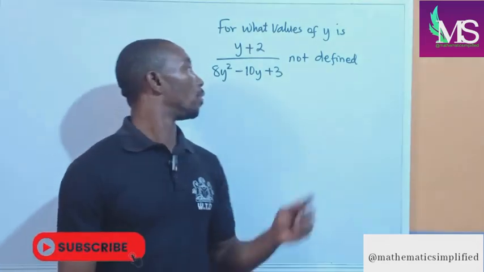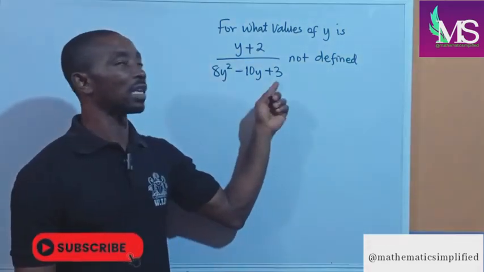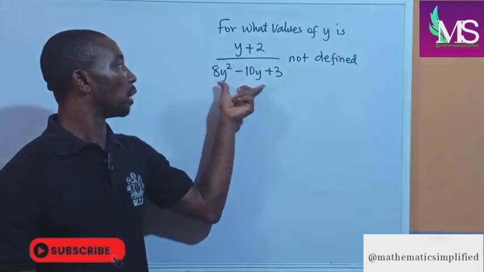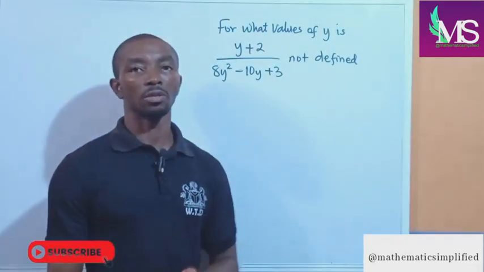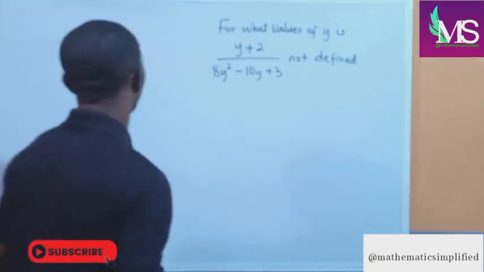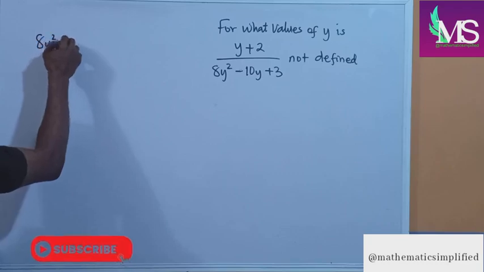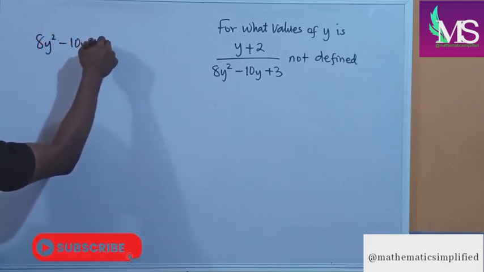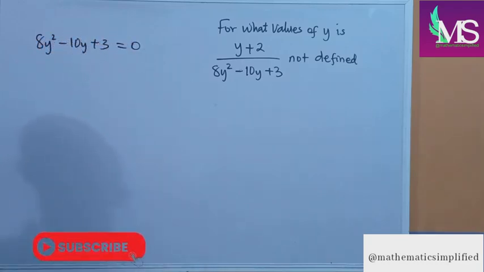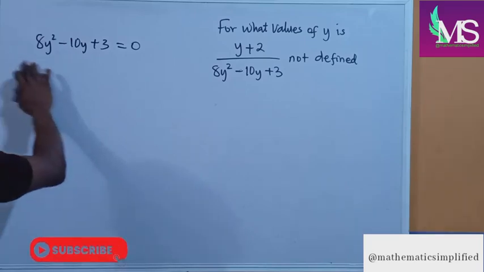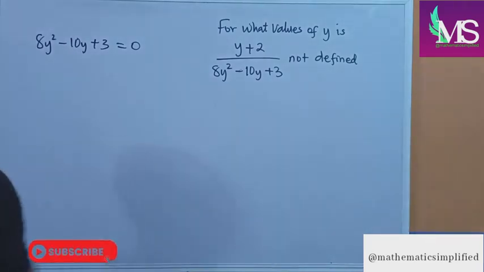So we have to factorize that denominator to find the values of y that will make it 0. In solving, this becomes 8y squared minus 10y plus 3 equals 0. So we have to factorize this equation to find the values of y.